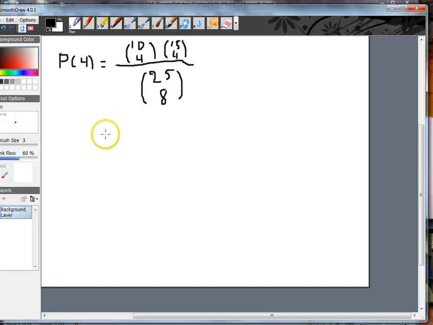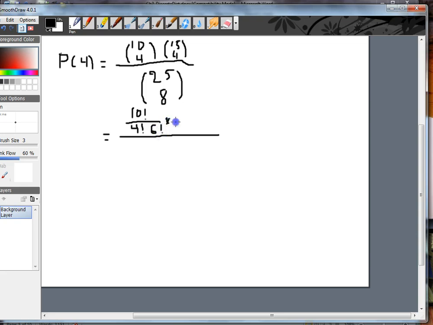I'm just going to help you out by expanding it. You can use your calculator to get those combinations. There are calculators that can compute the full range of these, or if you expand it and use factorials, you can do that as well. So if you do that, you're going to get 10 factorial over 4 factorial times 6 factorial.